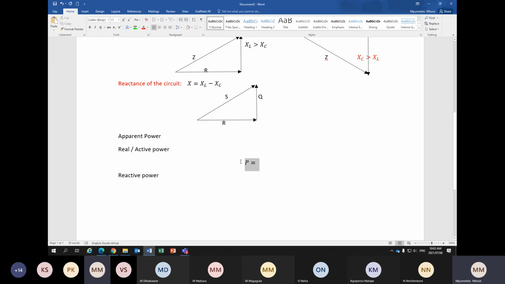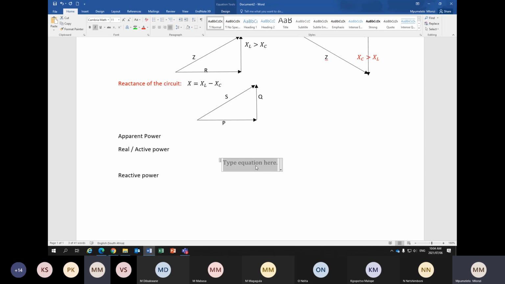Now, we want to calculate P. What trigonometric function can I use which involves P?